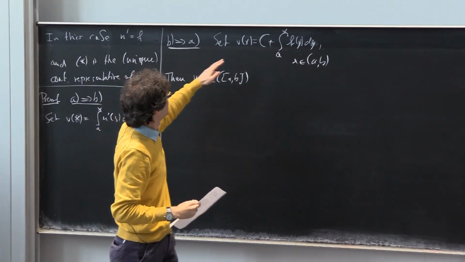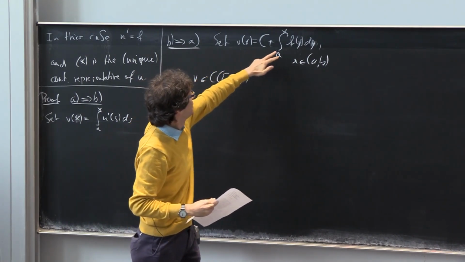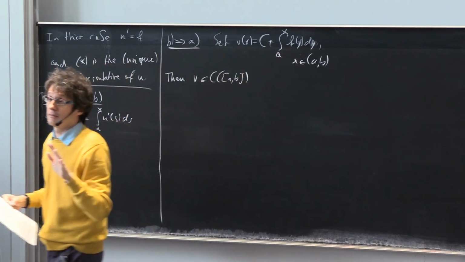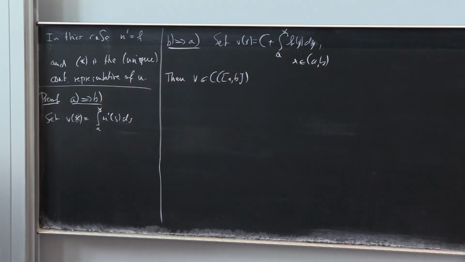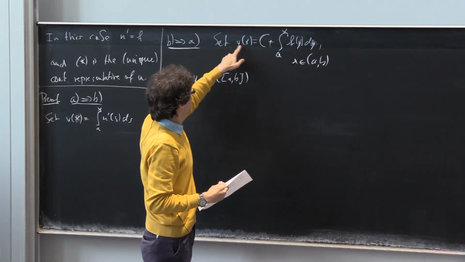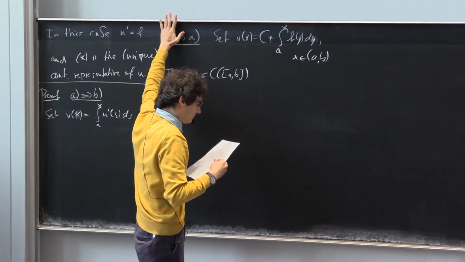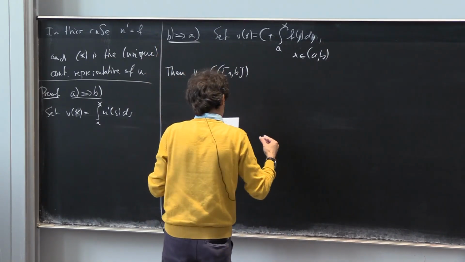So if you take this v and you do some limits, x going to something, the f is L1, so you have a majorant for the integral, and by dominated convergence you will get that if you do x to x0, v of x tends to v of x0.